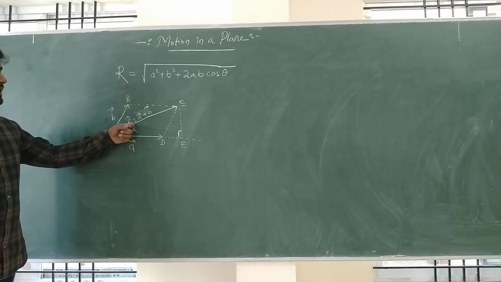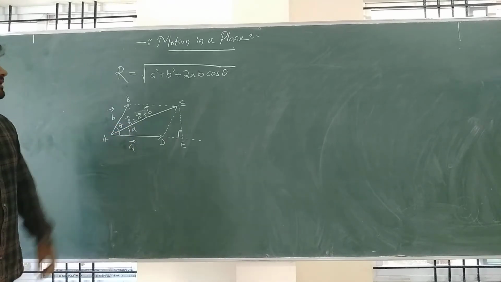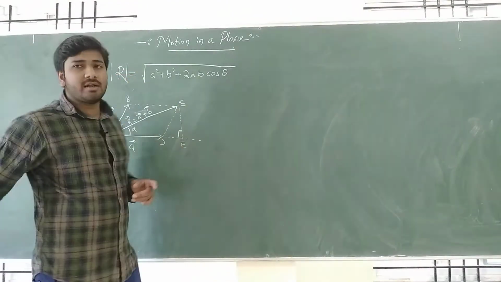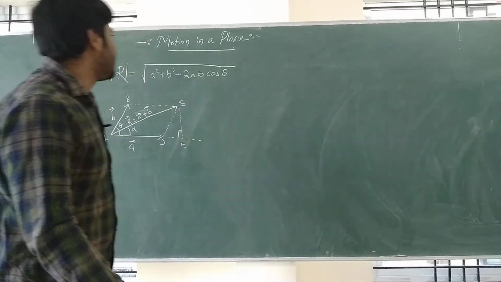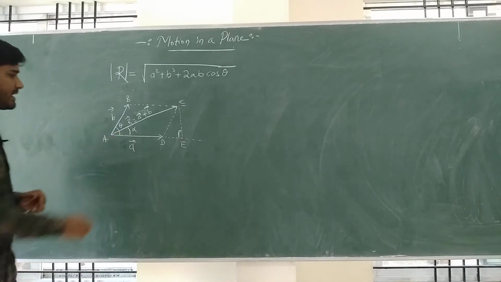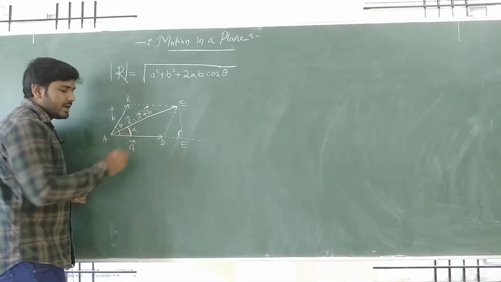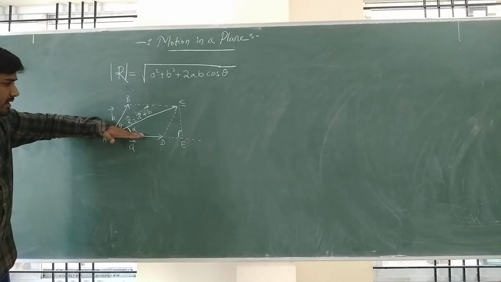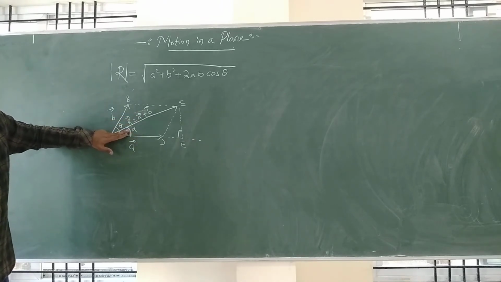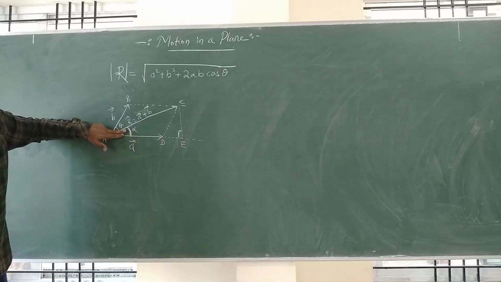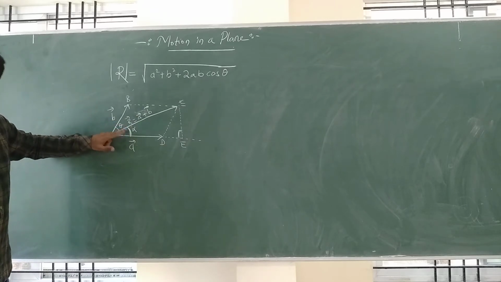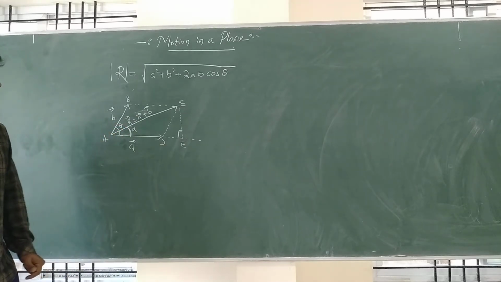Now the magnitude of this vector R is given by under root A square plus B square plus 2AB cos theta, right? Now if we want its direction, can I calculate the alpha here? Alpha will tell you the direction. We need to know alpha, and this alpha will tell you the direction of this vector. For the direction of the resultant vector, we have to calculate the alpha, correct?